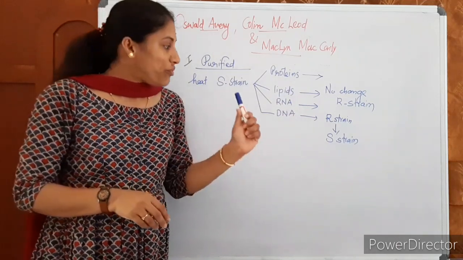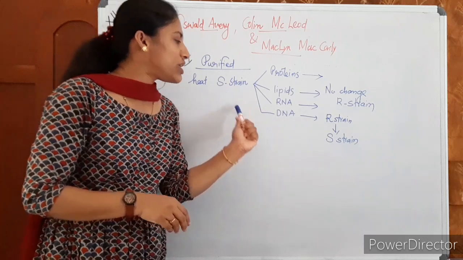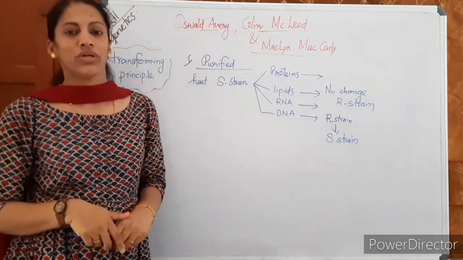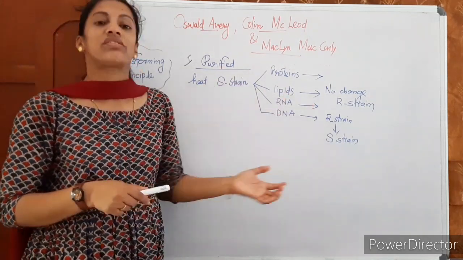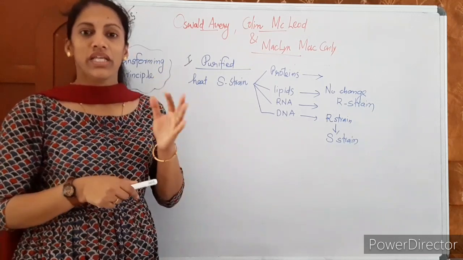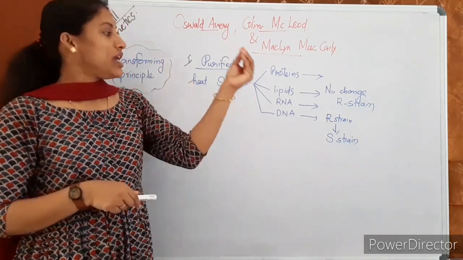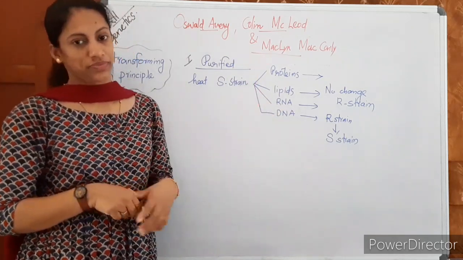But when DNA from heat-killed S strain is injected to R strain, it transformed into S strain. So what is changing R strain to S strain? It is DNA from the heat-killed S strain. So DNA as the genetic material was first proved by this experiment.